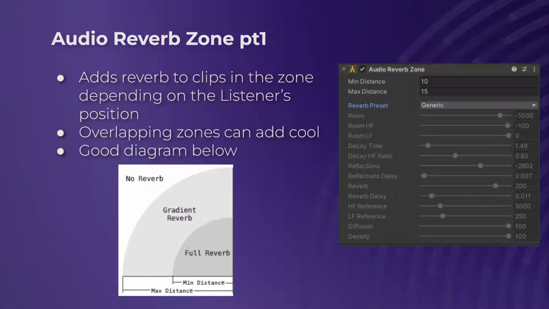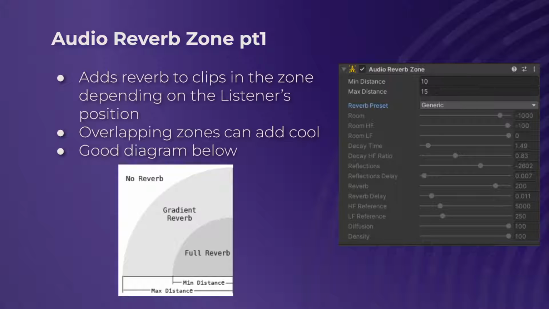All right, now reverb zones. This is a picture I got at the bottom left here from the Unity documentation, and it was basically just a general showing of what this does. So what the reverb zone does is it adds reverb to the clips in the zone, depending on the listener's location.